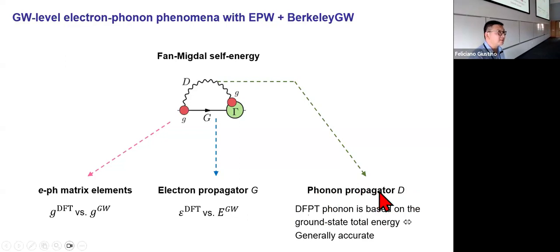And DFT is a ground state theory, and the total energy is generally pretty good compared to quasi-particle properties. So given that background, most of the time we still keep D as the one from DFPT, and mostly correct or include the self-energy effects in the ones associated with the electrons.